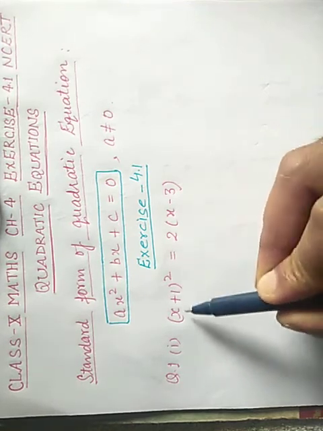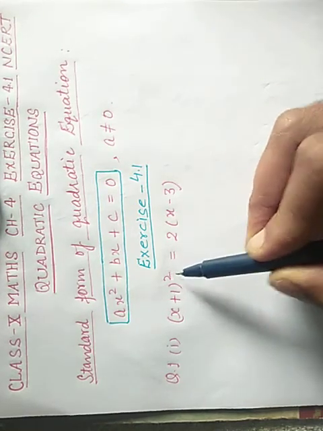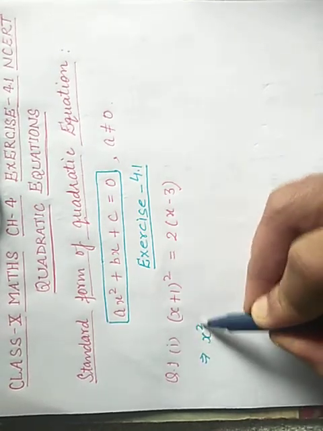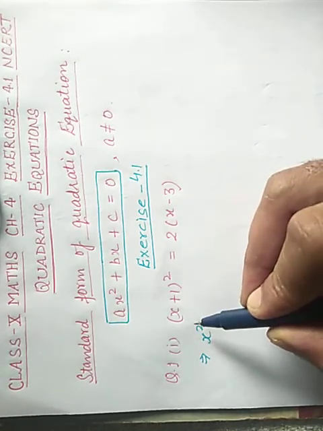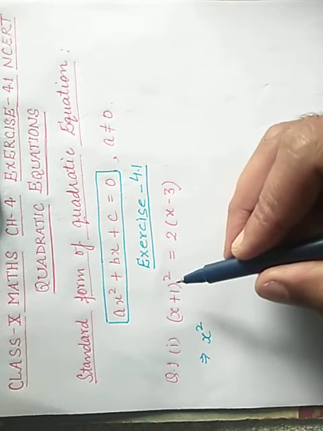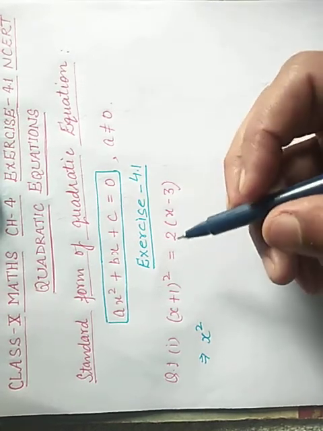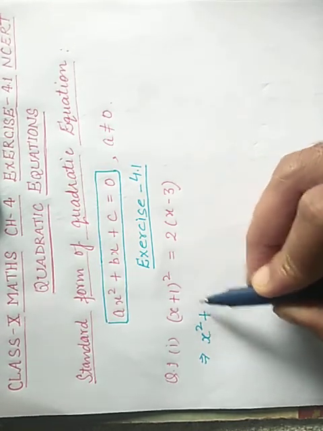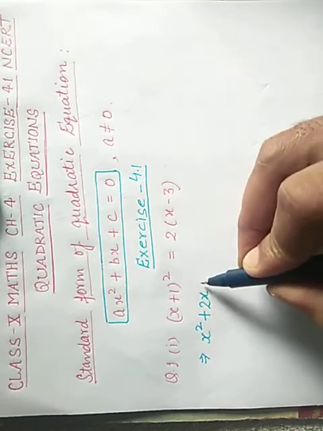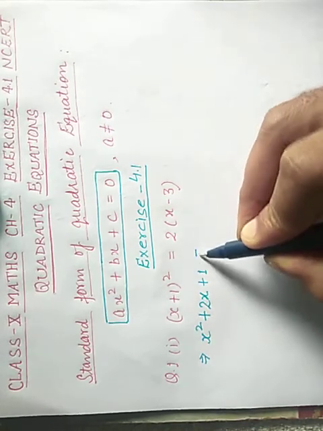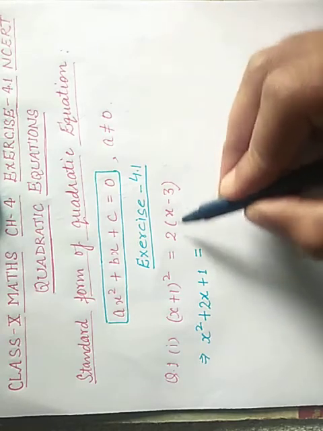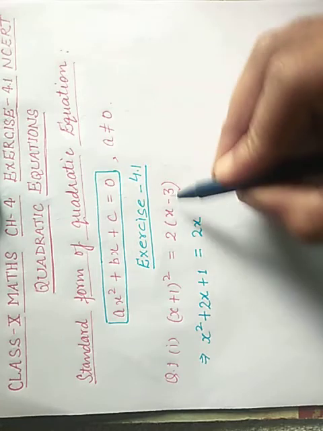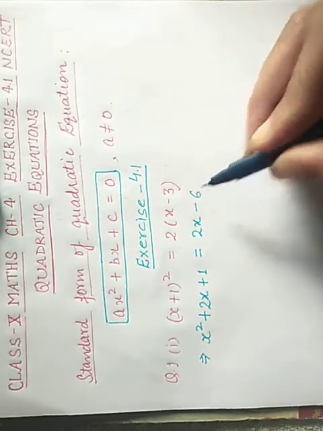So first of all we will open this x plus 1 whole square, and we will apply here the identity a plus b whole square is equal to a square plus 2ab plus b square. So we can open this as x square plus 2 into x into 1, that is 2x, plus 1 square is 1, is equal to, we will multiply 2 inside the bracket. 2 into x will be 2x, and minus 2 into 3 is minus 6.